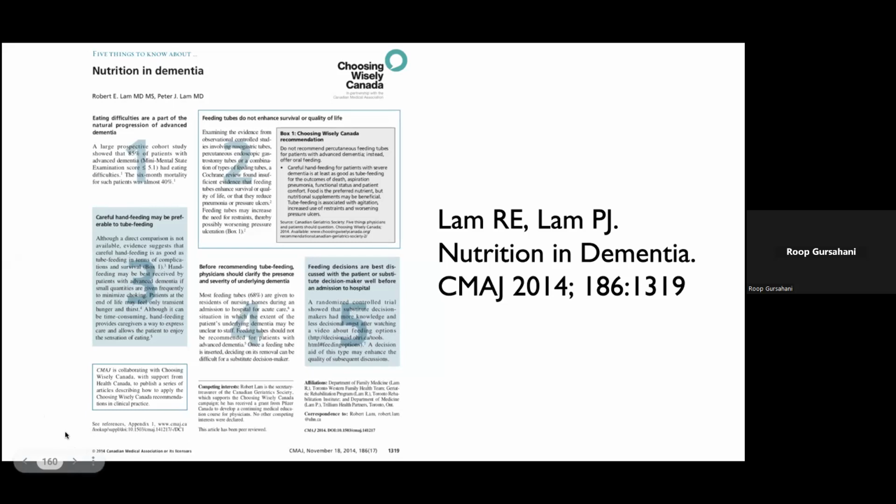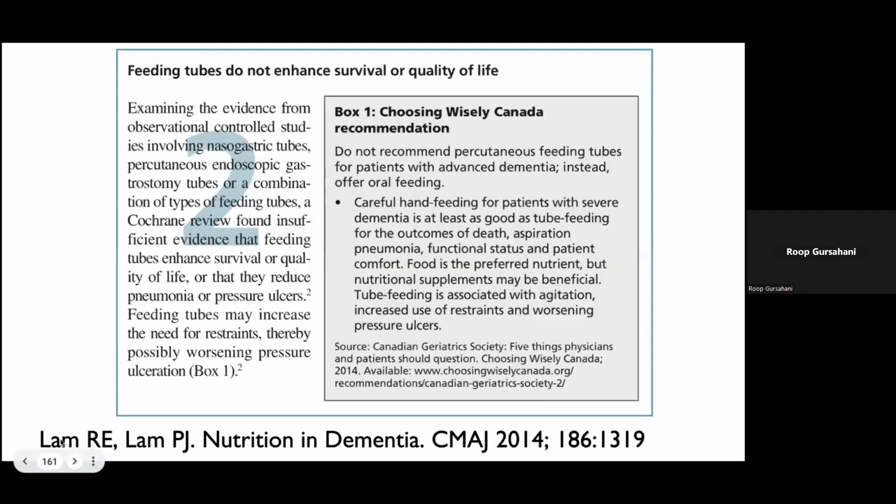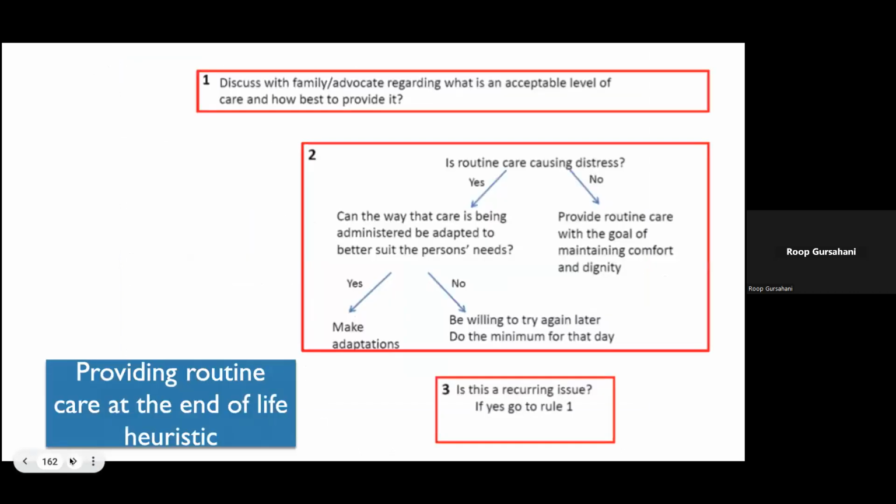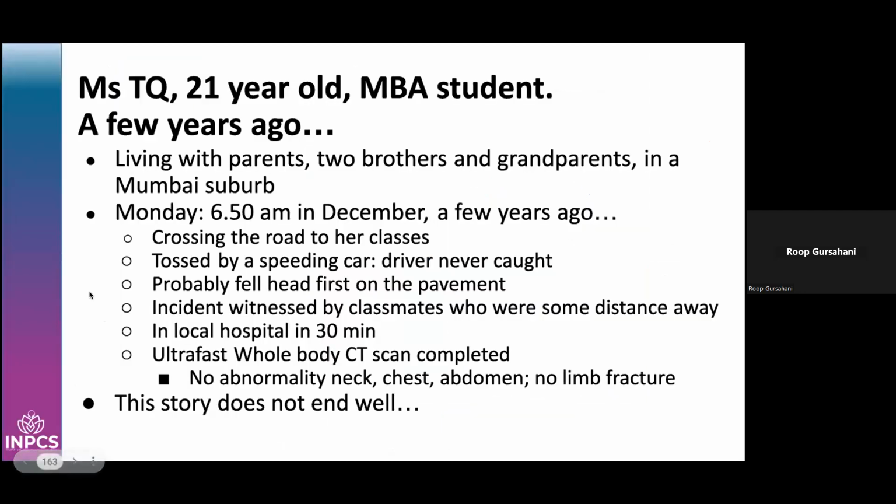On the contrary, when somebody with dementia, cognitive impairment, reaches the end of life, then quality of life has gone by the time they are unable to swallow, and it is definitely better that Ryle's tubes be avoided. Again, the same slide. At this stage, you have to figure out what is the basic routine care. I'll leave that aside.